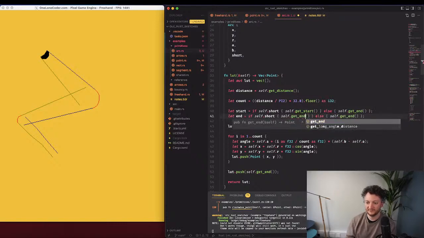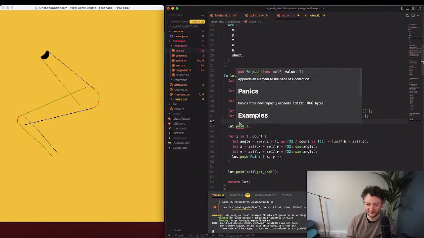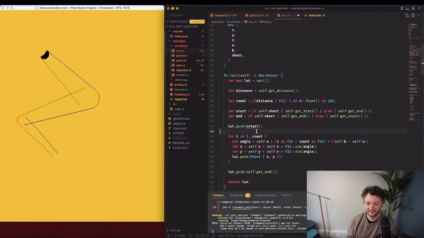Let's get end, get start. So again, we're gonna draw the line basically the other way. Gonna push the start angle, push the end.